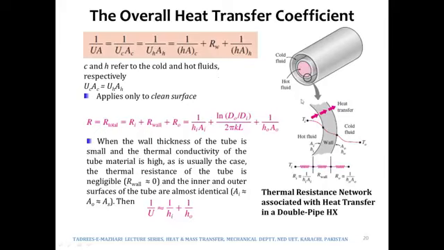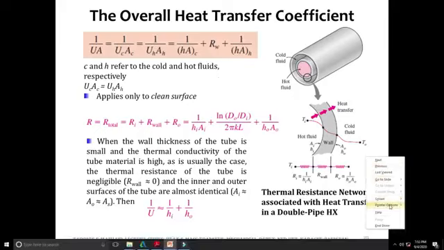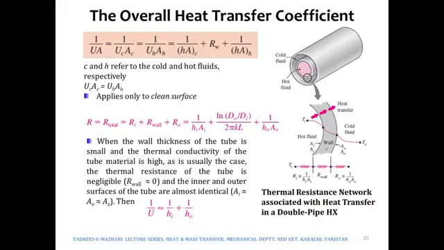In fact, if you take a look over here, there would be a resistance offered by the wall, the wall which separates the hot and the cold fluid, and there would be convection inside the inner wall, and convection outside the inner wall.